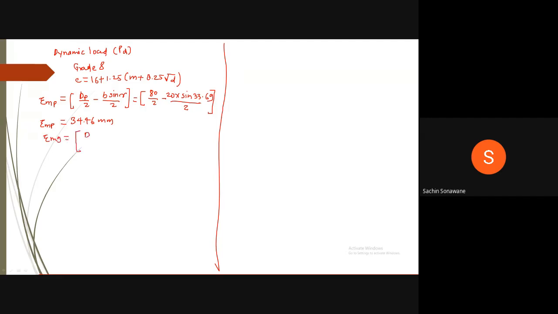DG divided by 2 minus b cos gamma divided by 2, which is equal to, what is DG? 120 divided by 2 minus 20 into cos of 33.69 divided by 2. Therefore, calculate RMG.